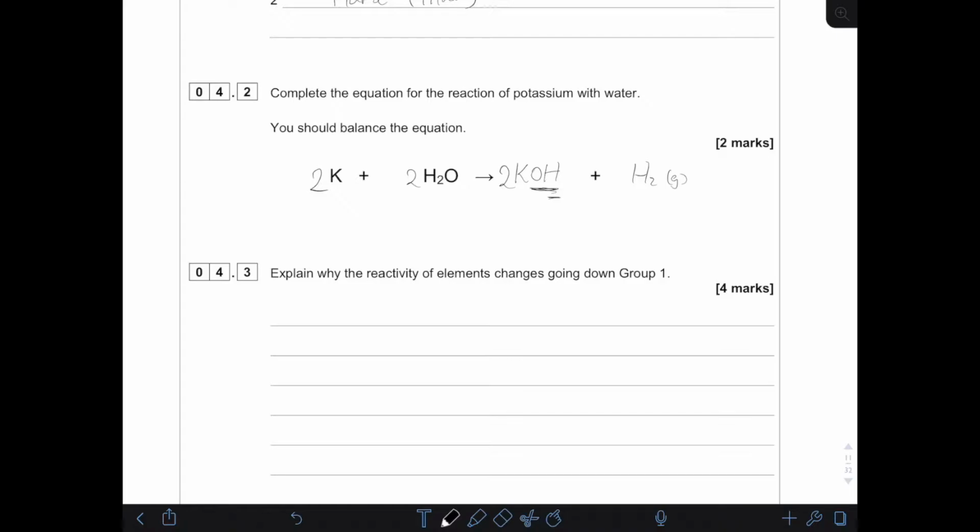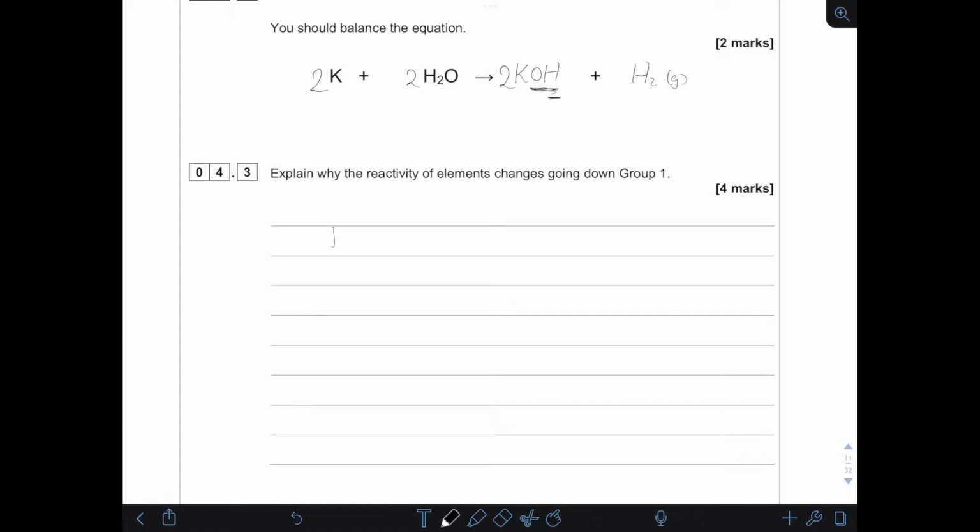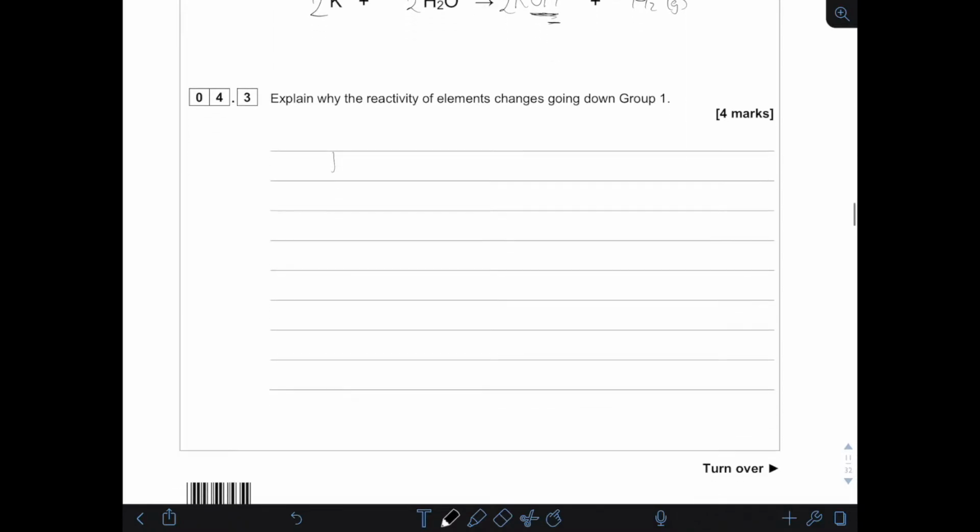Explain why the reactivity of elements changes going down group 1. There we go. Going down group 1, as we know, the atoms of the elements get bigger.